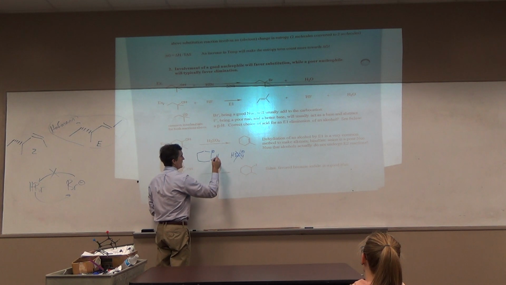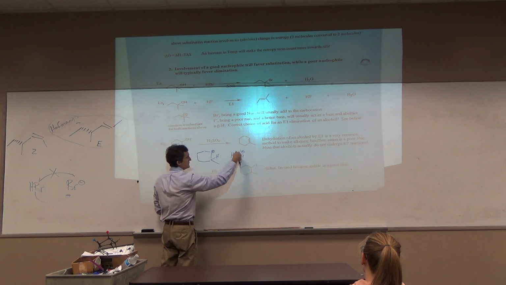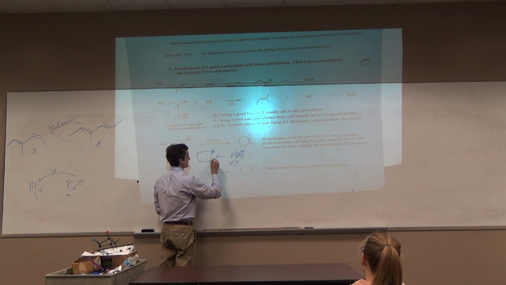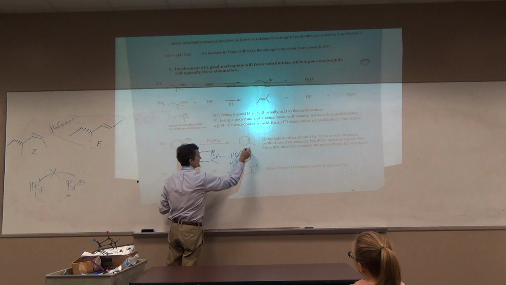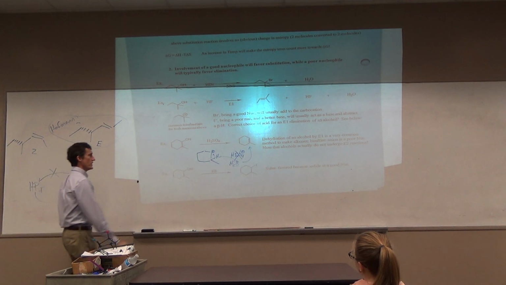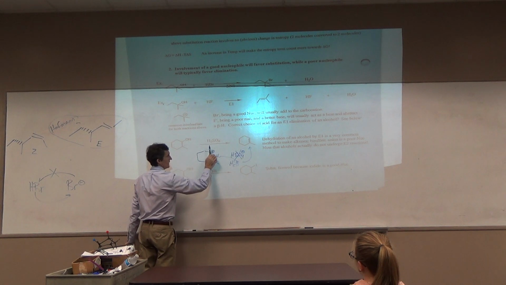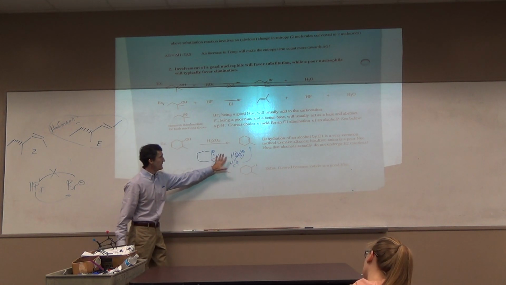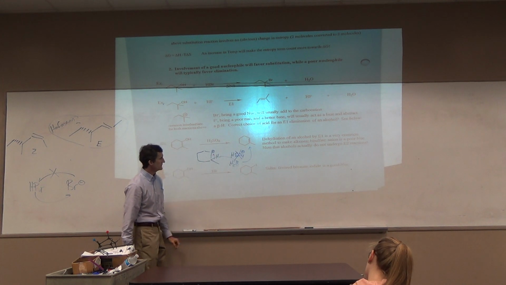Instead, well, we can use it as a base. We have used it as a base. Or you can use water. Something will just take the H and this moves in, and that's how you get the elimination product. Basically down here, there's no nucleophile. And anything can take an H in this fast step of the E1 elimination.